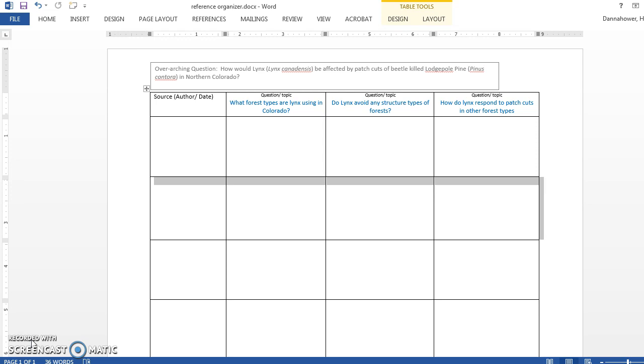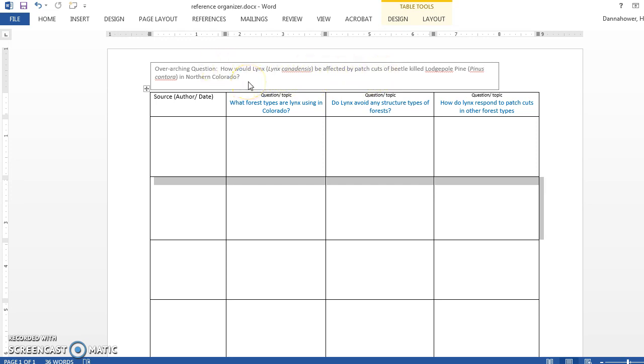So what you're looking at is a reference organizer. What I've done here at the top is list my overarching research question. In the example on your semester project, I put, how would lynx be affected by patch cuts of beetle-killed lodgepole pine in northern Colorado?